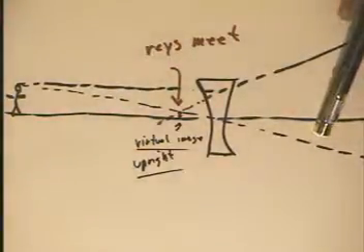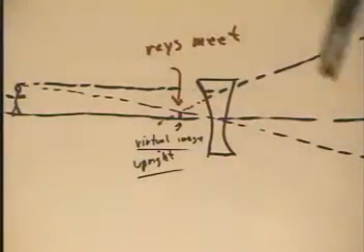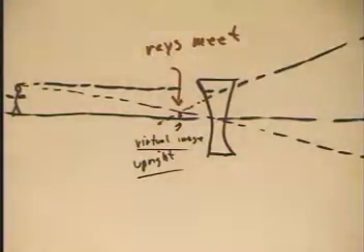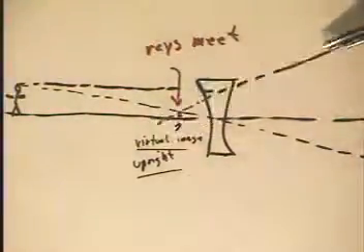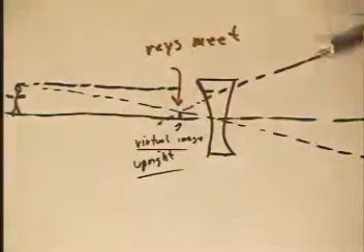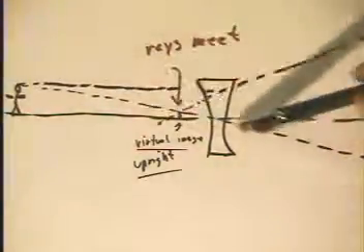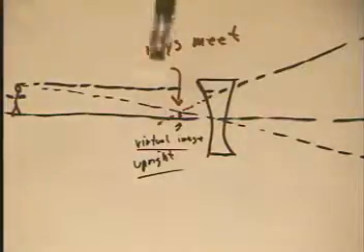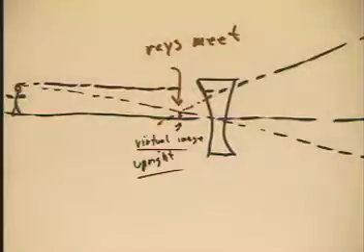So if you're on this side of the lens looking at the object through the lens, the top of the head ray appears to be coming along this line. This ray, of course, appears to be coming along this line, so that the top of the head rays appear to be coming from this point down here. So this is the point where the rays meet.